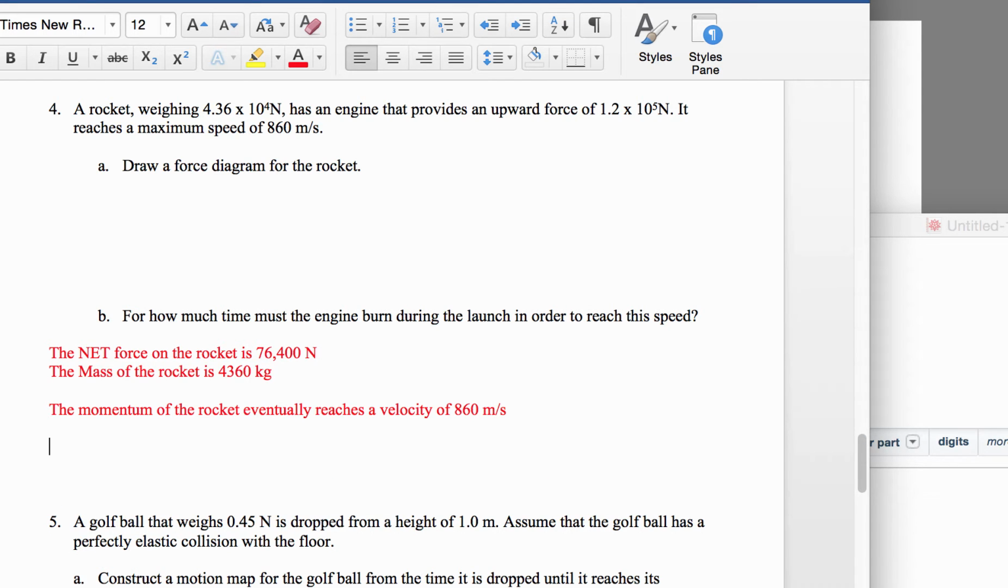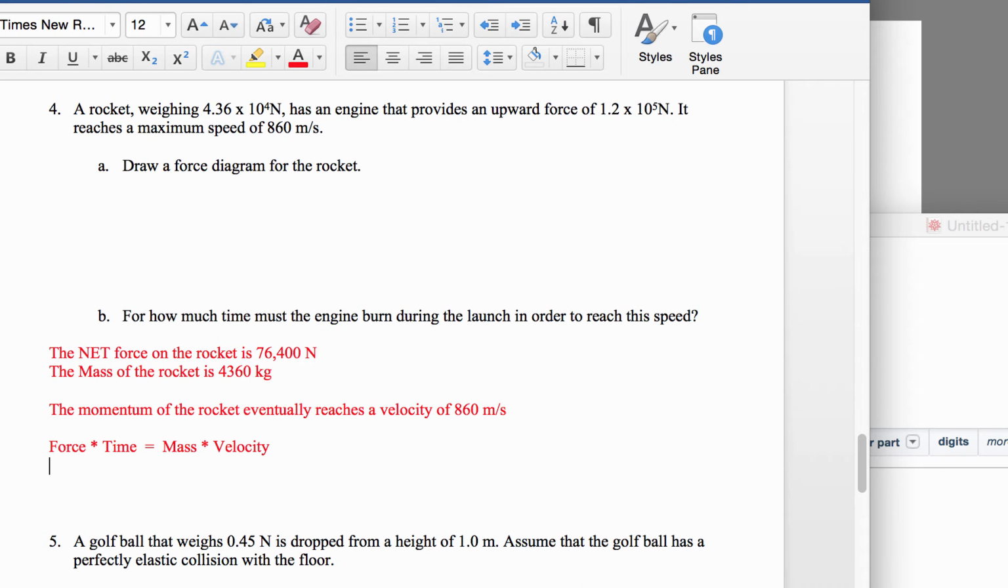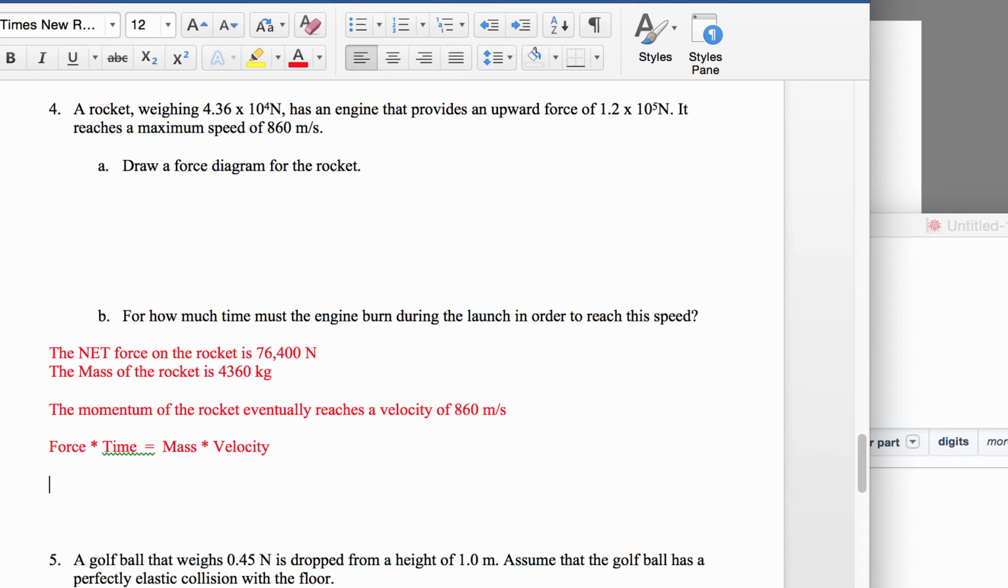Now for here, we're going to have to assume that the rocket didn't change mass. Of course, it did because that's how rockets work, but we don't have enough information to do anything with that. So what do we have? We have, again, force times time, that's an impulse, equals a mass times a velocity. Okay, what was my force?